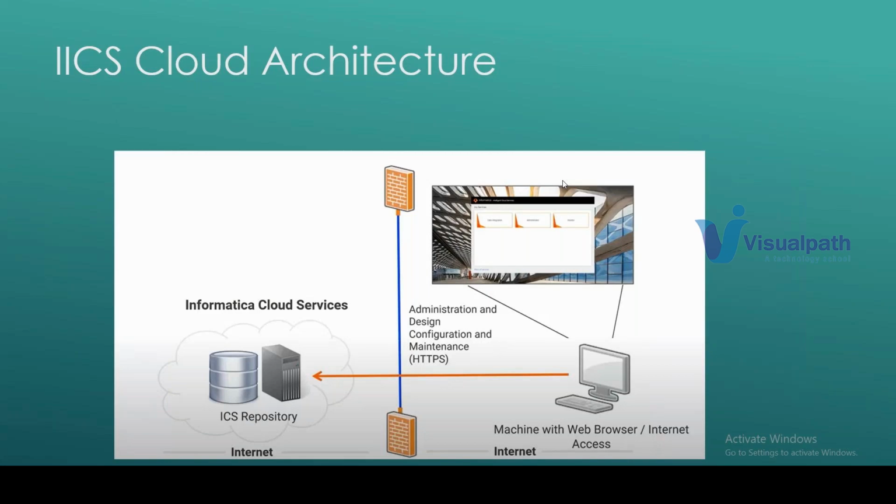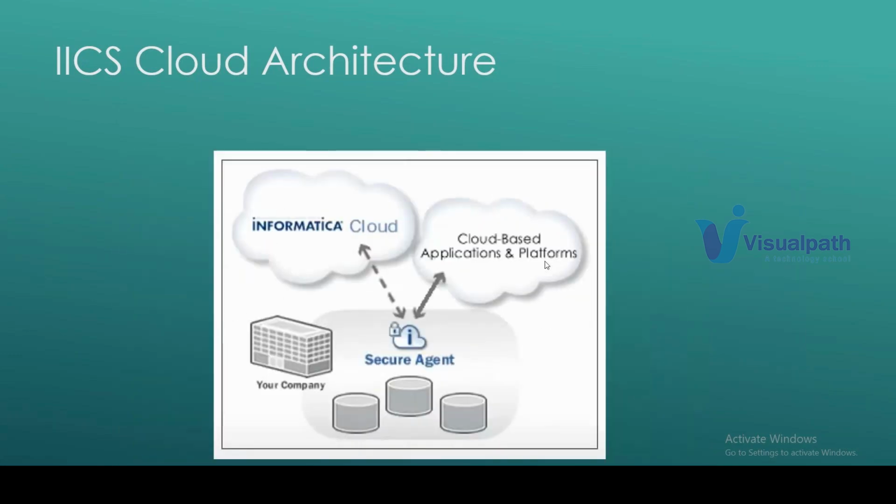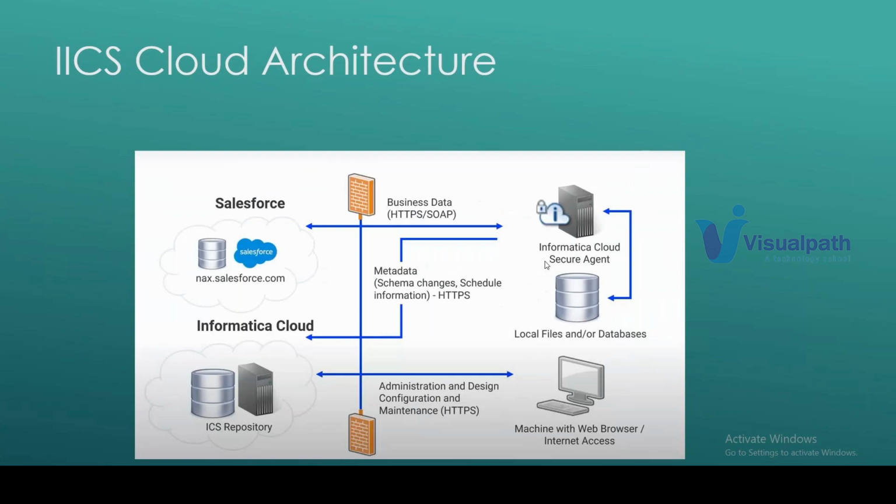Now you have a repository which is called the Informatica Cloud Repository. This is just a picture where I'm showing you the interface, where you have a UI with administration, design, and all that. Again, this is further explanation about the architecture that I covered, where you have your company, secure agent, and all that. So let's say this is a firewall.